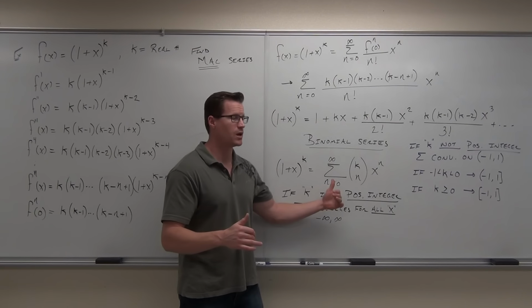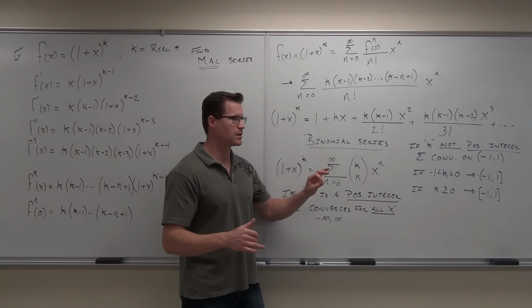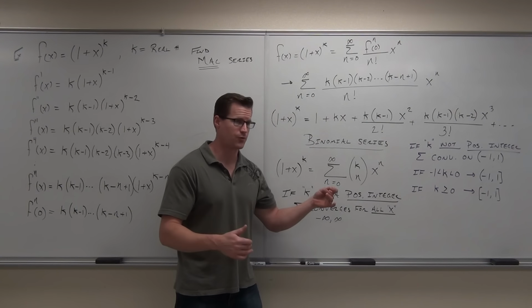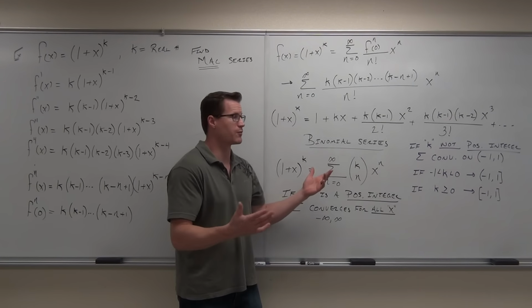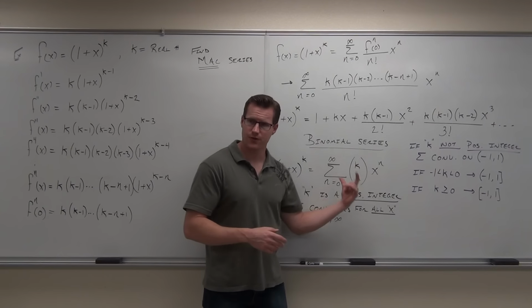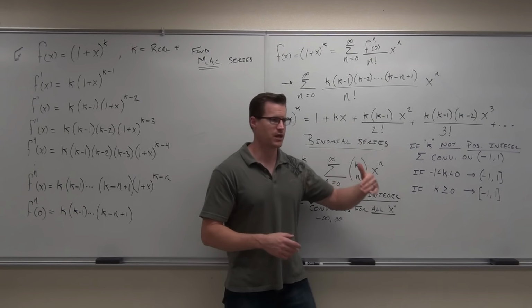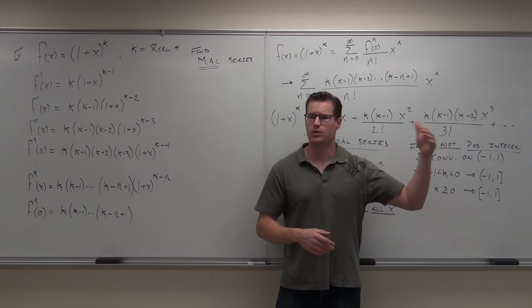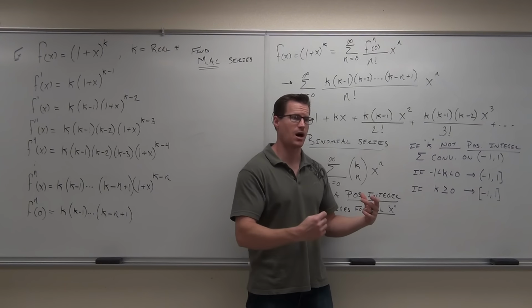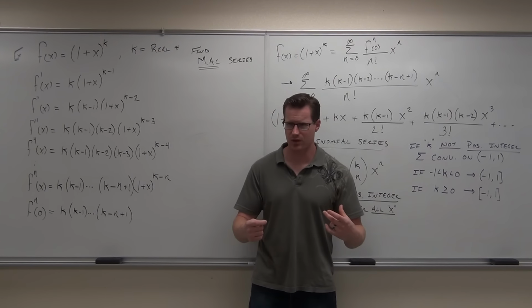It will always converge. Now, if k is not a positive integer, that would be 1/2, -4, -3/2, whatever it happens to be, this series will converge and represent your function, but only on the interval of x equals -1 to 1. Have I explained that well enough for you?